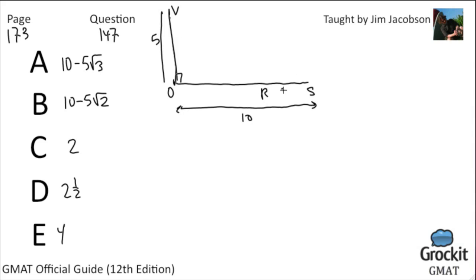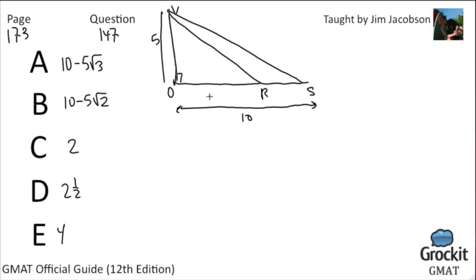We're given that by the problem. What it wants to know is the distance between R and S, and we need lines here from VR, and then another one to VS. So that turned out pretty well.